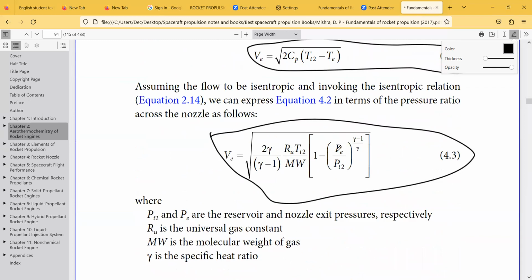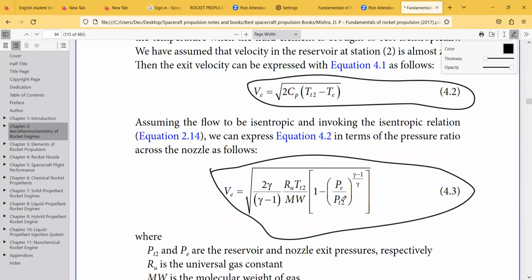Exit pressure is almost 0 compared with the entering pressure. The entrance pressure is very high and the entrance velocity is very low, so this value tends to 0. So 1 minus 0, to the power of something, is neglected from the system. We are left with only this component, 1 times this component.